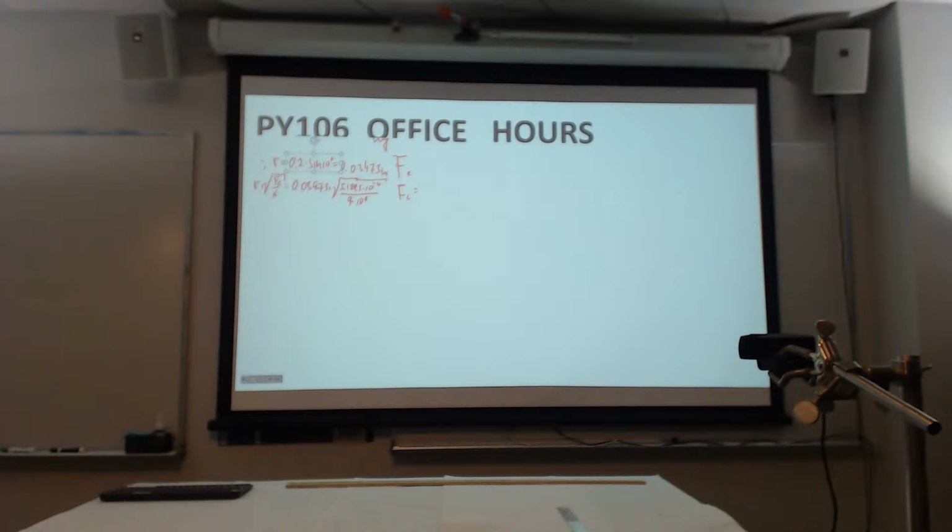So 0.03473 times square root. I want to rewrite it. 5.1893 to the negative 4, and this is what I want to write.